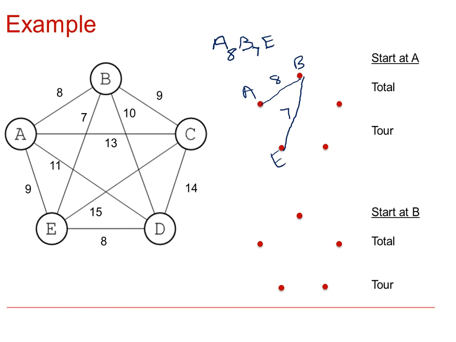From E, we're only considering the nearest neighbours to E. A has already been taken, as has B, therefore we could choose 15 to C or 8 to D, and the 8 to D is the nearest.